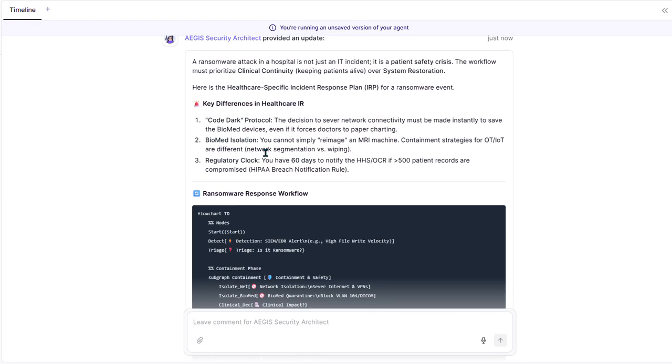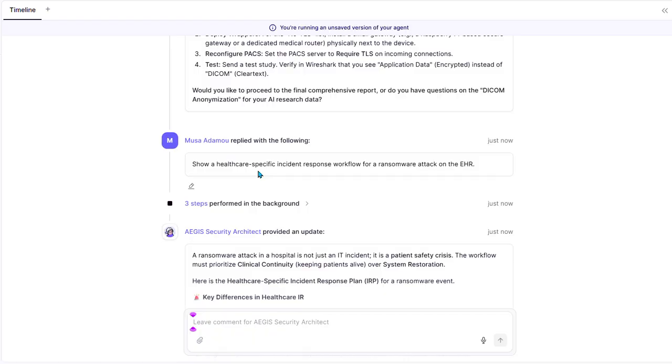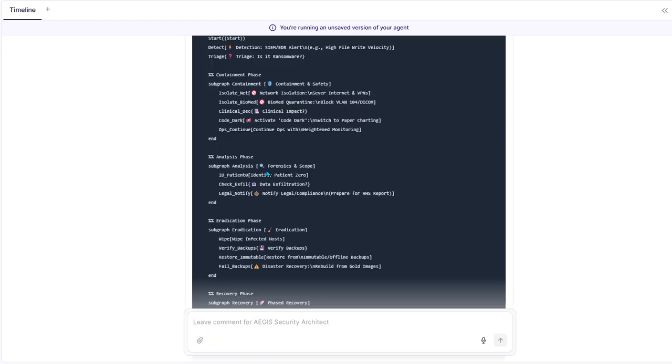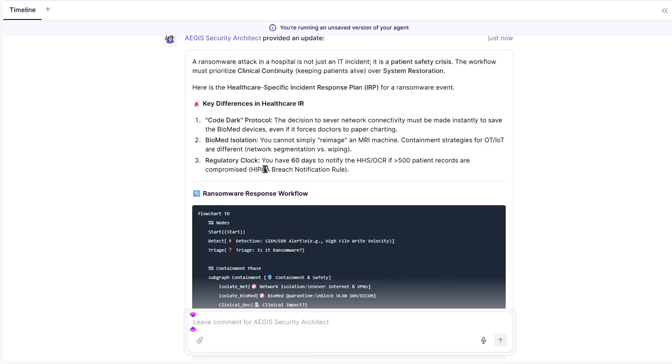Good. That's designing the workflow for us. Remember, the question was, show a healthcare specific incident response workflow for a ransomware attack. And the very beginning was key differences in healthcare IR, code dark protocol, biomed isolation, and regulatory clock.